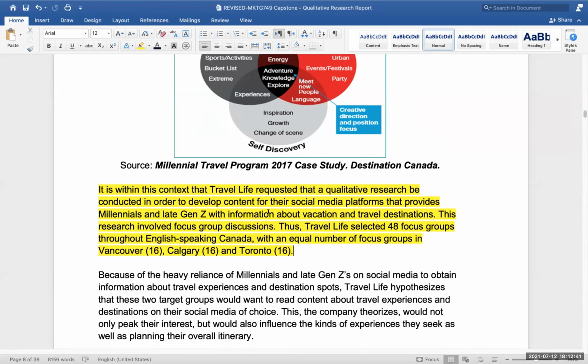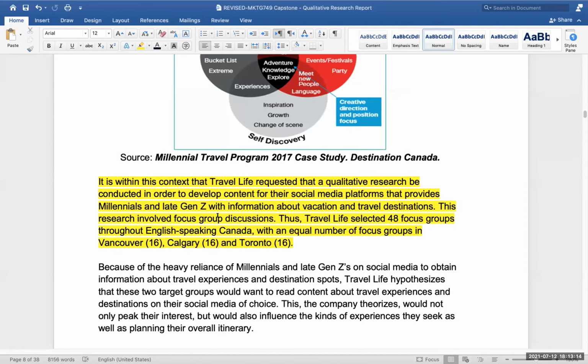So I'm saying this particular study was really to determine if the content on social media, and when we say content, we're talking about travel related content, if the content that millennials and late generation Z see on social media impacts where they end up going for travel and for vacation.